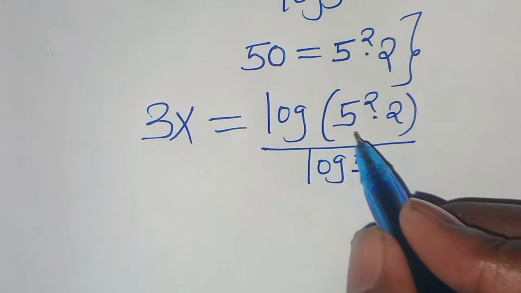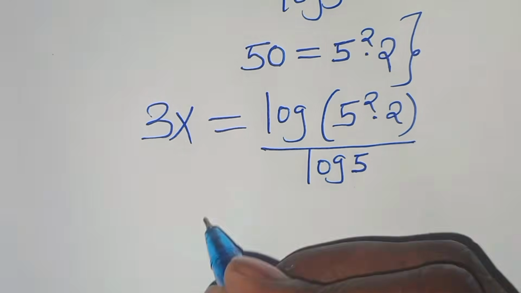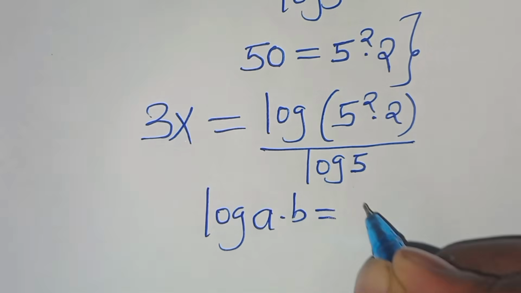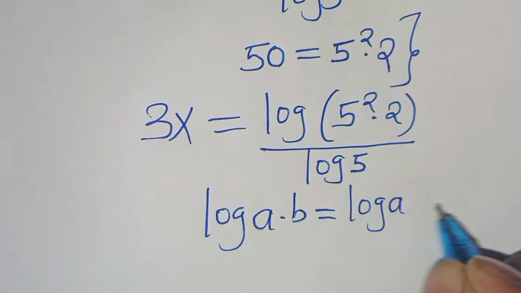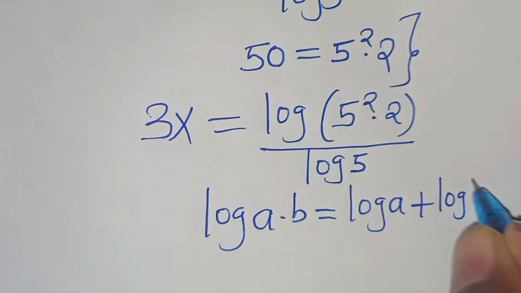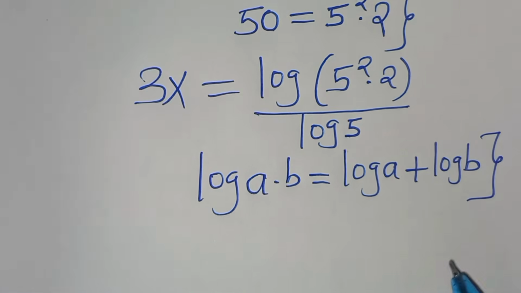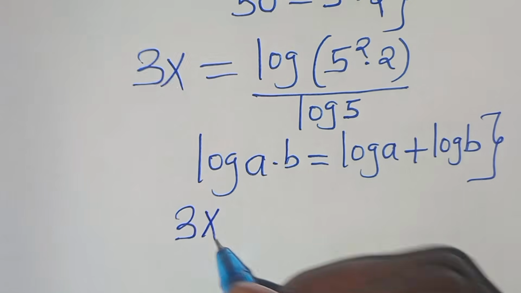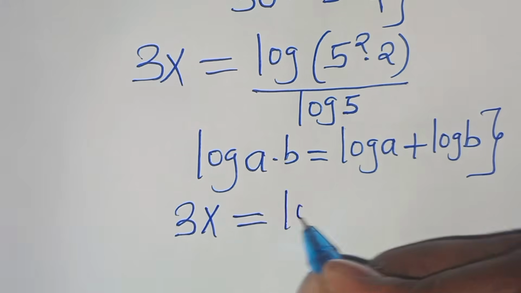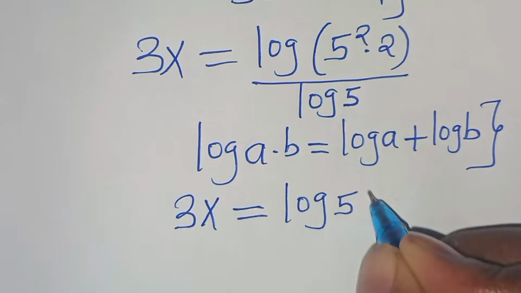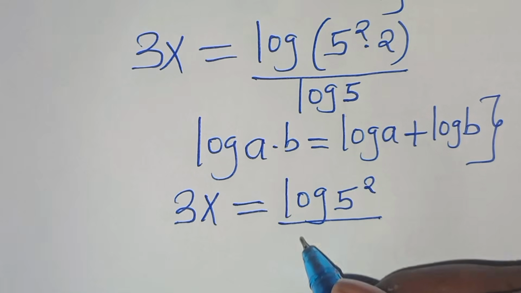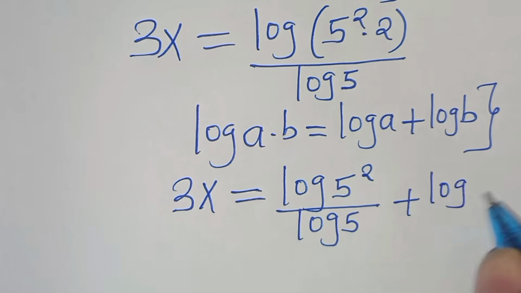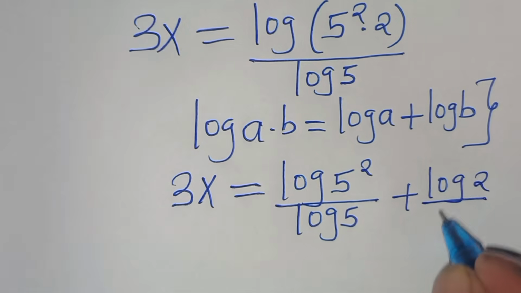Now, log 5 to the power of 2 times 2, this is in the form of log a times b, which we can express as log a plus log b. Applying this logarithm property, then we have 3x. This is equal to log 5 to the power of 2 divided by log 5, then plus log 2 divided by log 5.